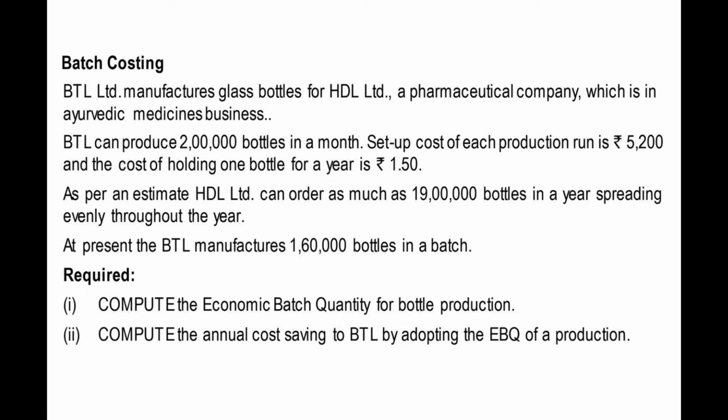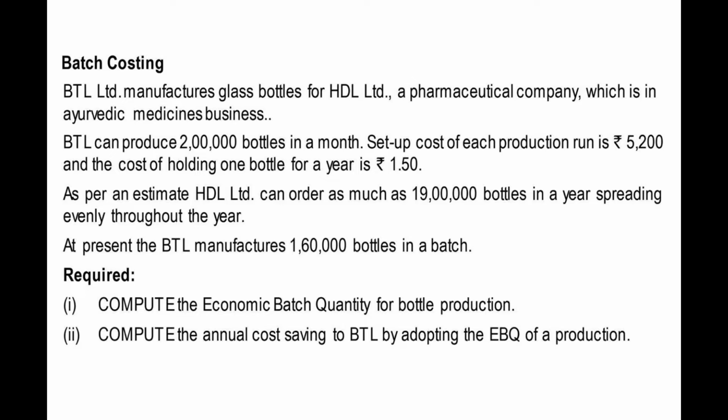Economic batch quantity is calculated to fix the level of production at the minimum cost, but economic order quantity is calculated to fix the level of ordering or purchase of raw material or stores and spares. So the two are similar concepts, but not one and the same. Under economic batch quantity, the carrying cost and setup cost will be minimum.